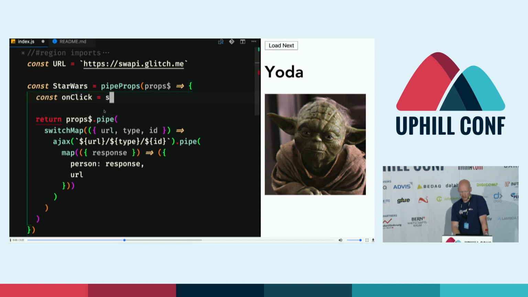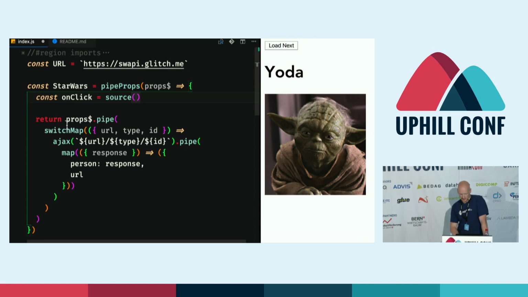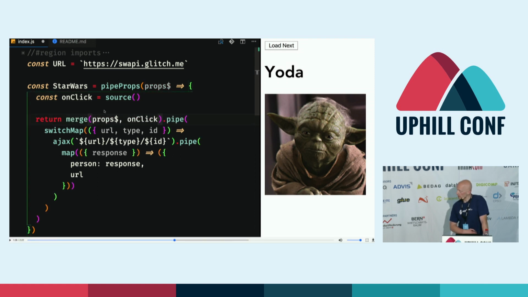So I'm going to define an onClick, and I'm going to use a function called source. And this also comes from the React Streams library. And on source, what I can do with this is merge props and my click.